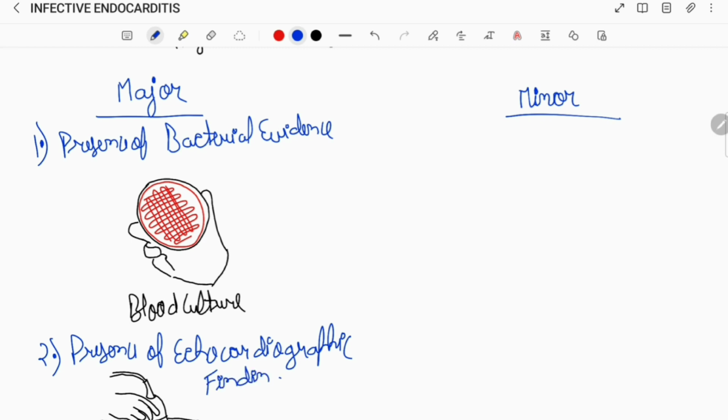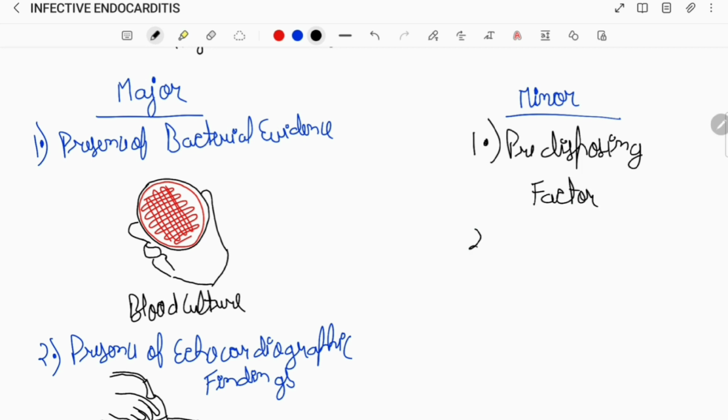Next, I talk about the minor criteria. First, we have a predisposing factor. Second, the presence of fever.